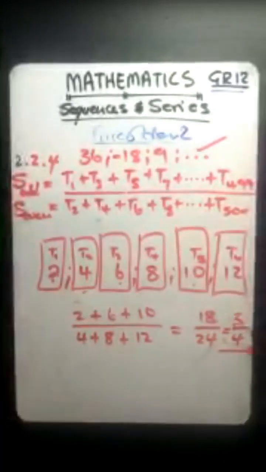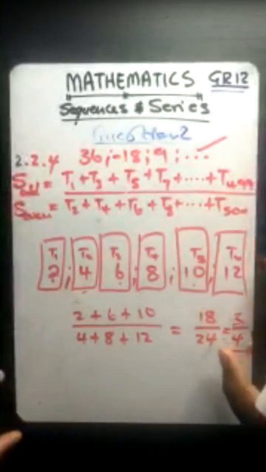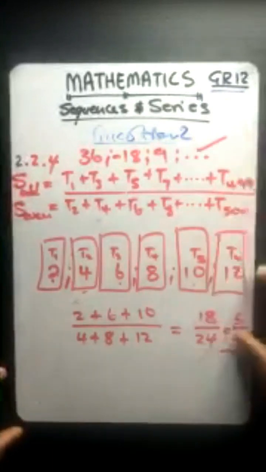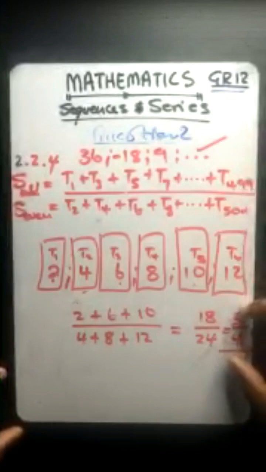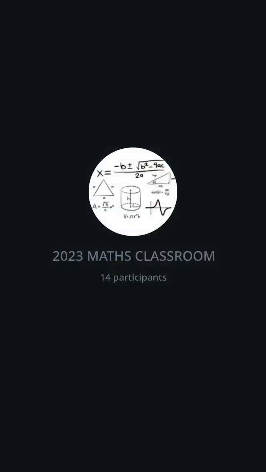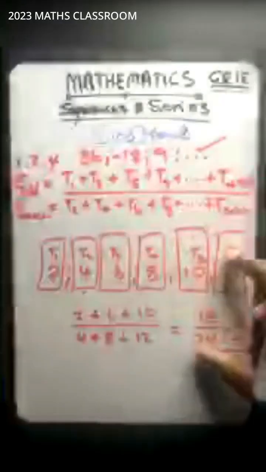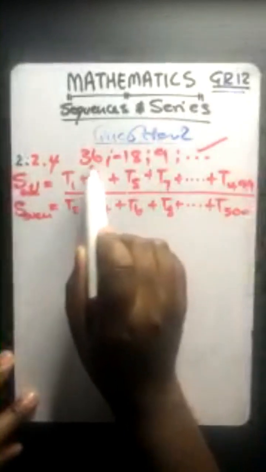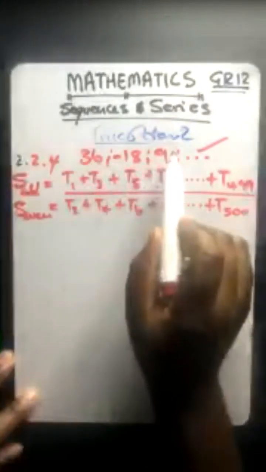So I just wanted you guys to understand that what you need to do on that question is exactly what I've just done there. The only difference is that that sequence is different from this one. So maybe let's answer the question and see if it makes sense. Obviously you can't extend this by saying 36, that, then you multiply until you have 500 terms.